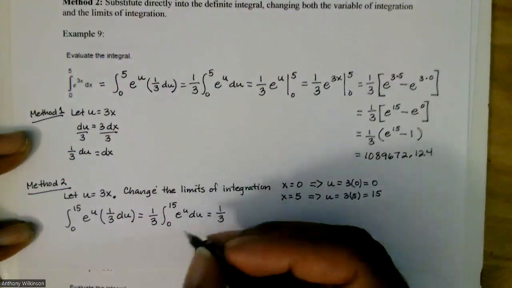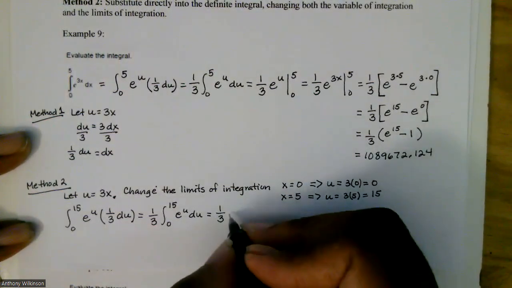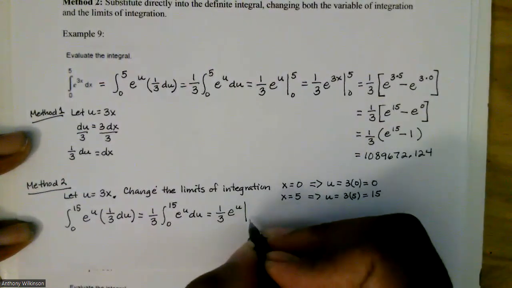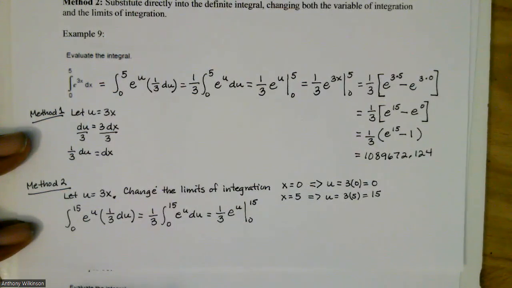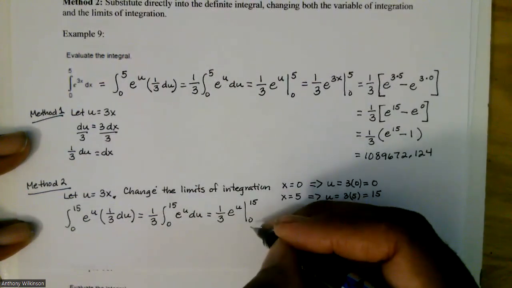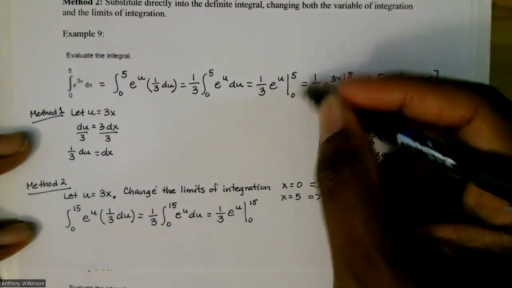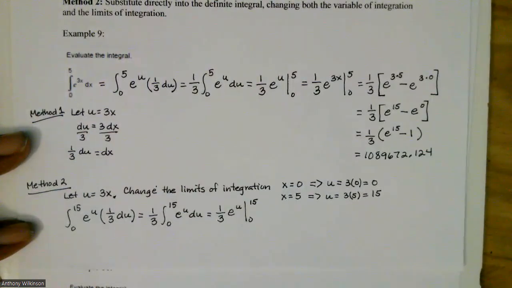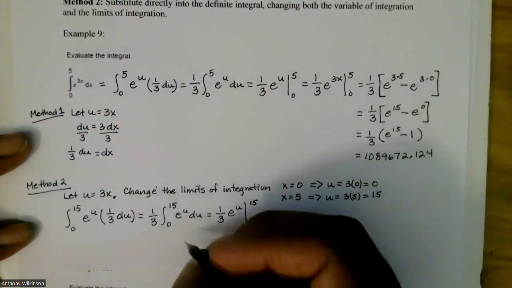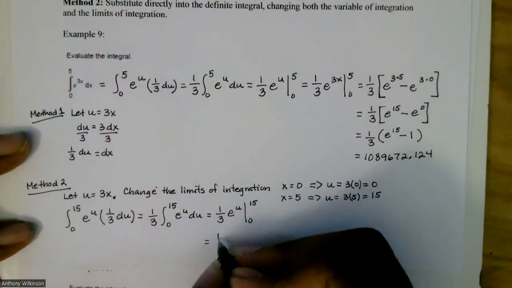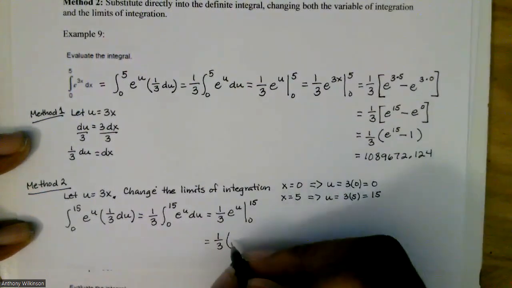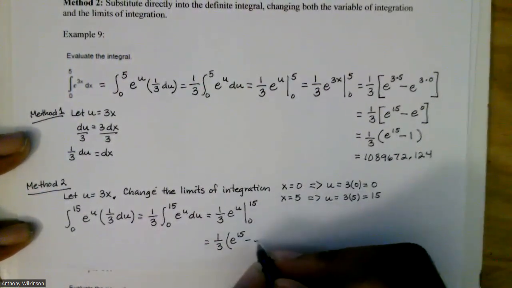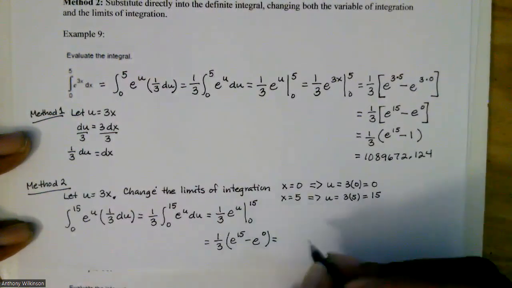Bring out the 1/3, integrate e to the u du. That would just be e to the u. And this time it's going to be from 0 to 15, because these limits are now for u. The limits that we had from 0 to 5 were in terms of x. So now we can do 1/3 times, in parentheses, e to the upper limit, which is 15, minus e to the lower limit, which is 0.